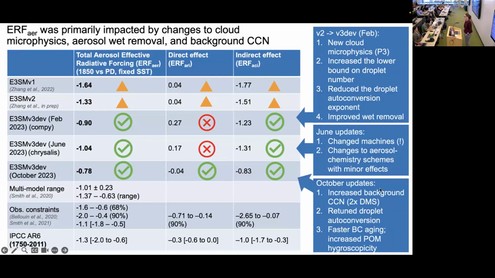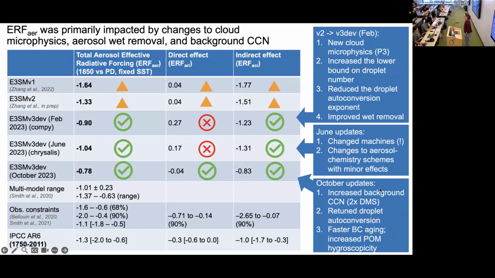Thanks for the talk. I'm very excited to see the improvement on the aerosol forcing, but at the same time, I'm curious because there's a lot of tuning on the microphysics, for example, like autoconversion. I just wonder whether we have an estimation about how the precipitation bias will change with those tunings.